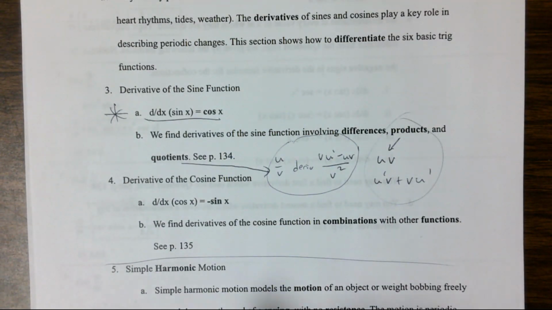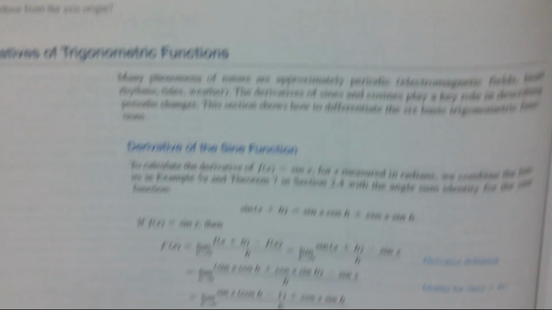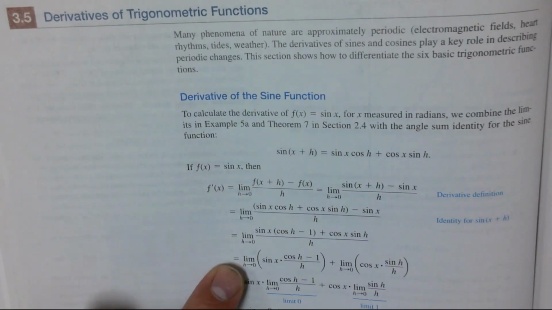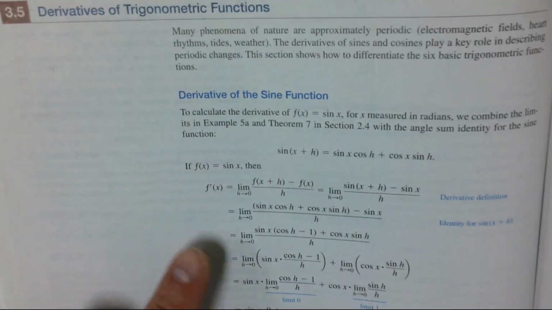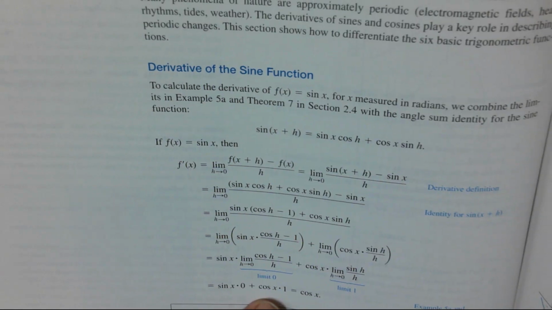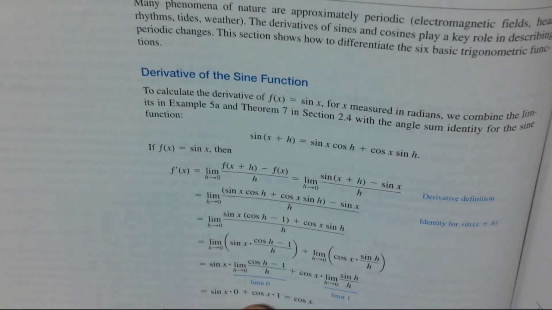So when I say see page 134 and 135, that's for your online textbook. Basically, here's a long explanation of why the derivative of sine is cosine. I don't feel like doing that proof. I just want to use it.